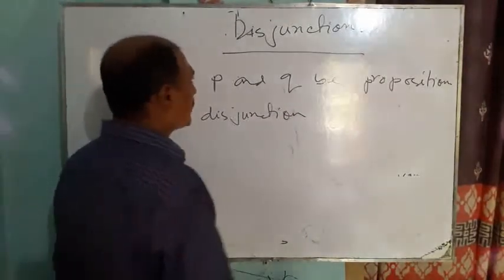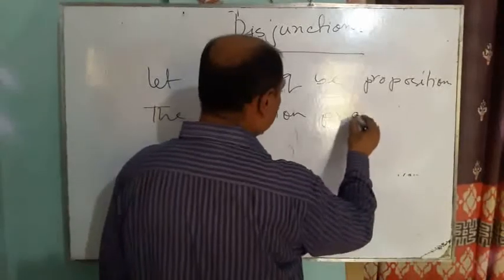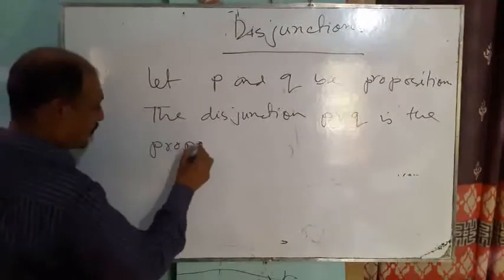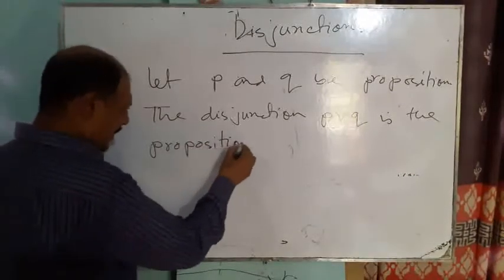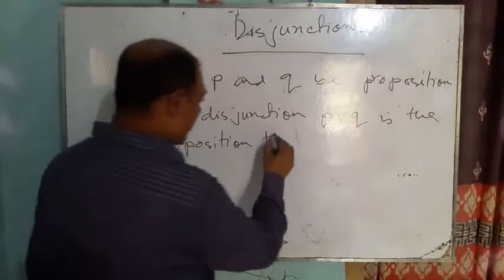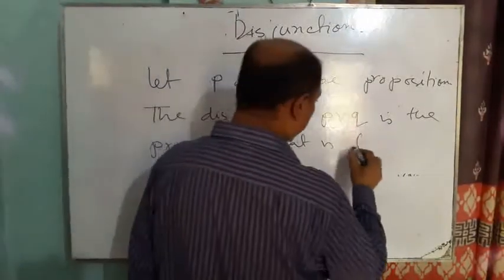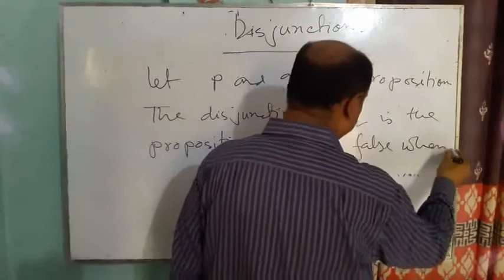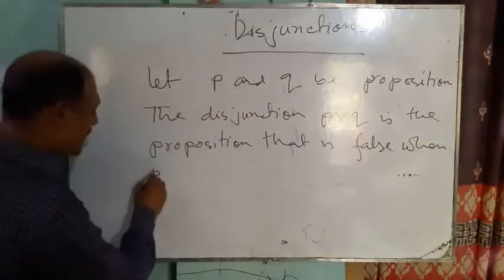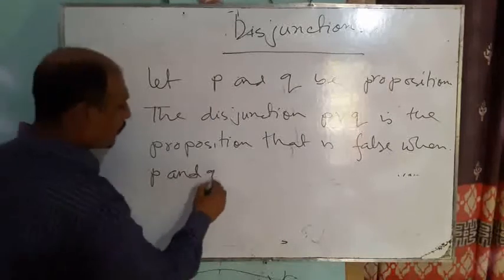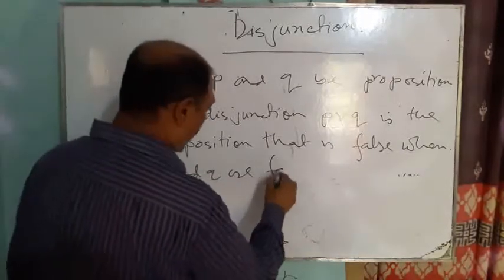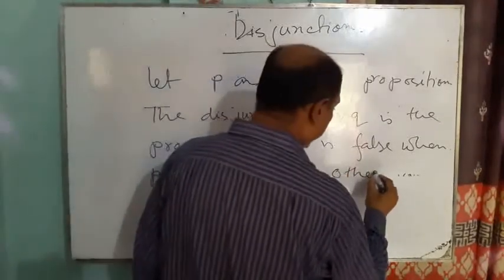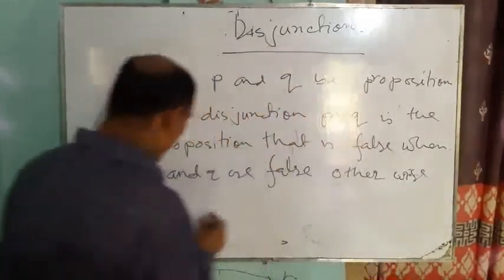The disjunction P disjunction Q is the proposition that is false when P and Q are both false. Otherwise true.